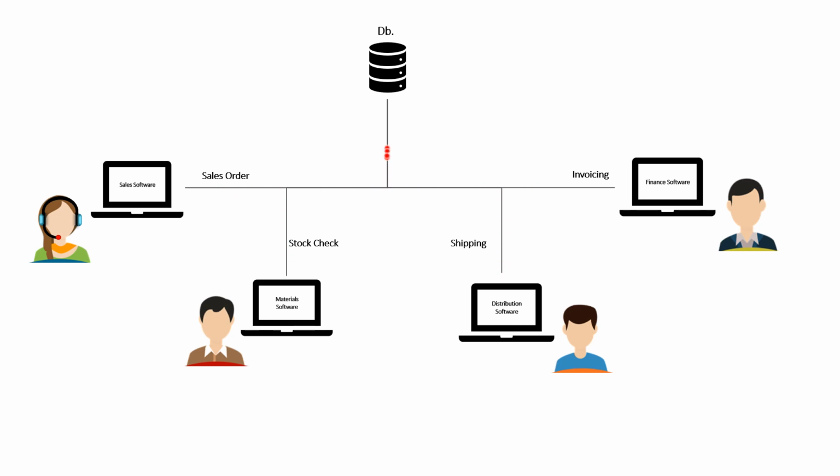To streamline these processes, it's crucial for these software systems to be interconnected. This enables effective communication among teams, facilitating seamless data flow across different functional areas. And that's where ERP software comes in. It houses these diverse software systems, fostering interconnection so that people can collaborate effectively and data can flow seamlessly between different functional areas.